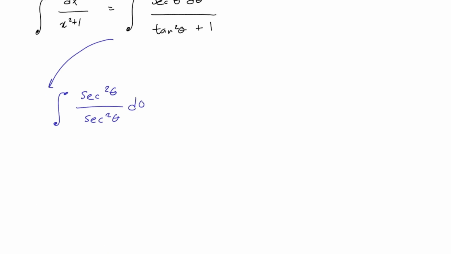And we can't forget our d theta. So this is just going to be simplified into the integral of d theta, and that's just going to be theta plus c, of course.